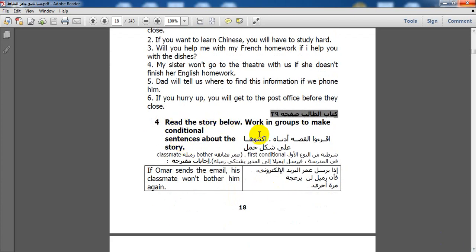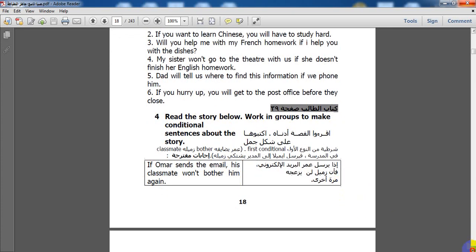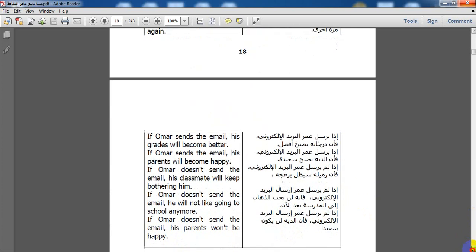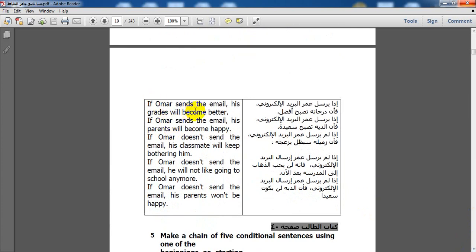Read the story below. Work in groups to make conditional sentences about the story. If Omar sends the email, his classmate won't bother him again. If Omar sends the email, his grades will become better.